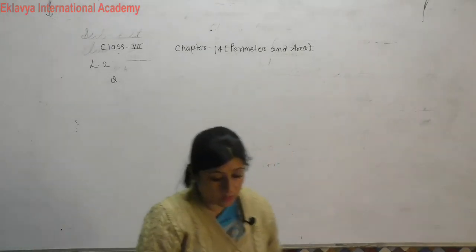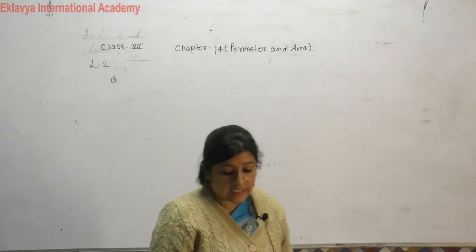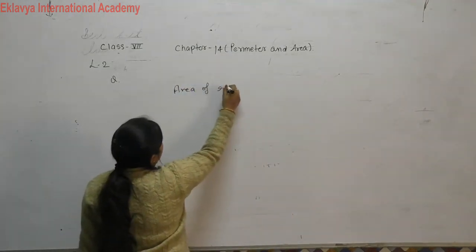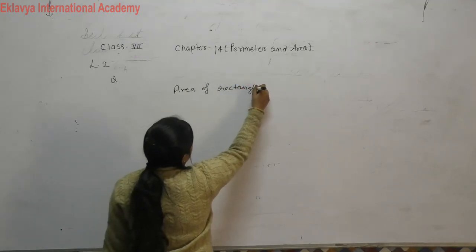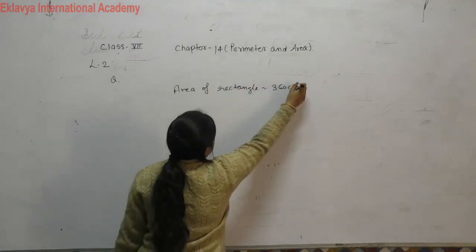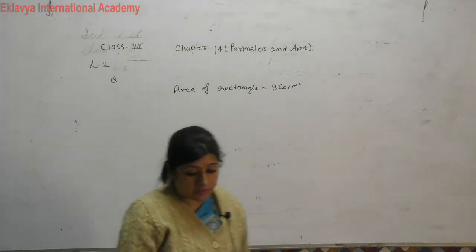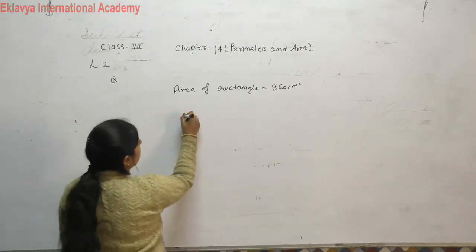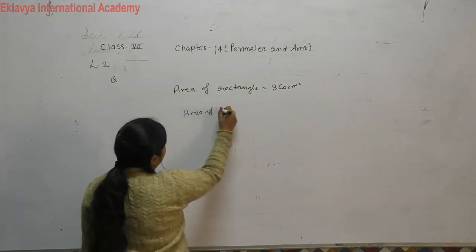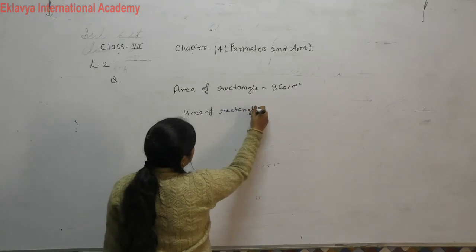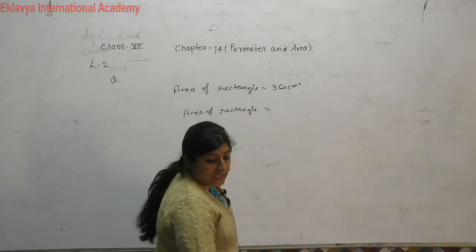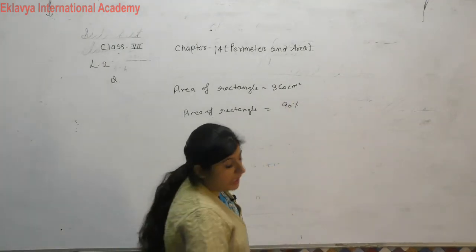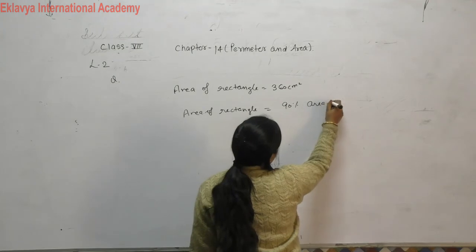Next MCQ, see now. The area of a rectangle is 360 centimeter square. It is given to you area of rectangle is equal to 360 centimeter square, which is equal to 90% of the area of square.